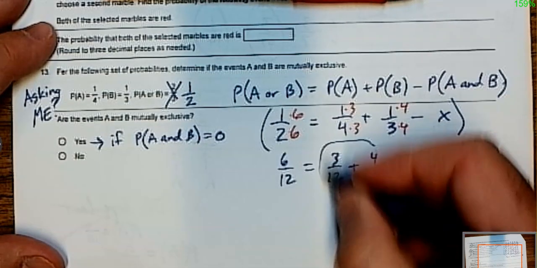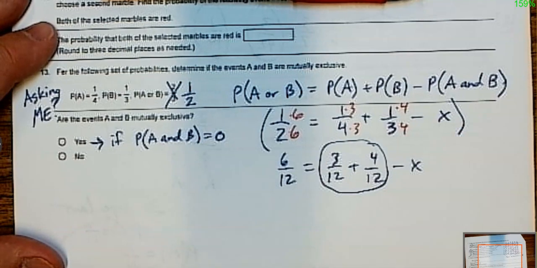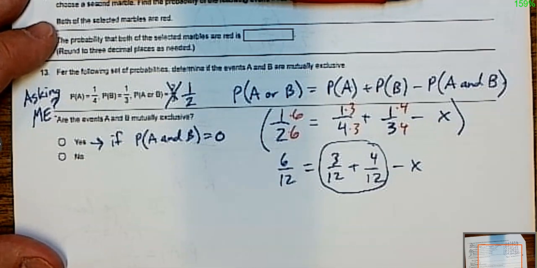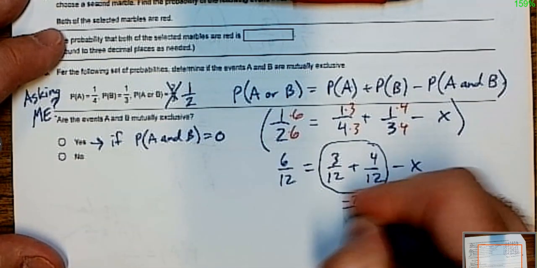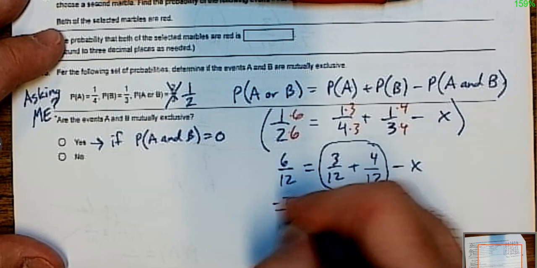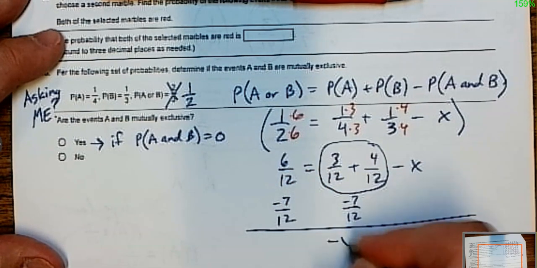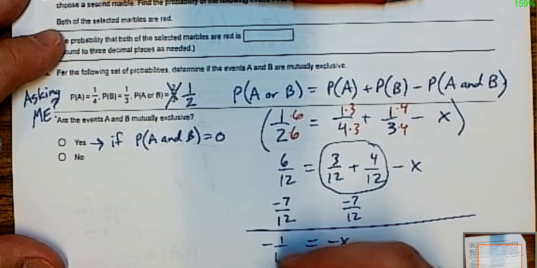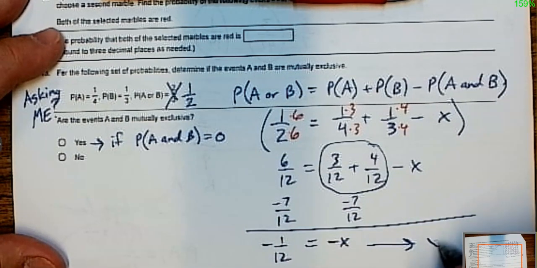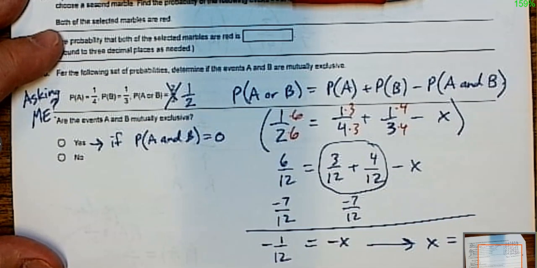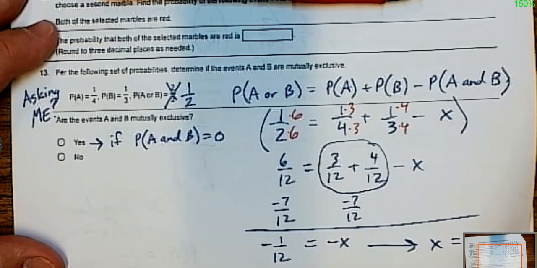Okay, so what are we going to do with this thing? Yes, that is 7/12. We've added them together. We got 7/12. How do I get that to move to the other side? Subtract. Okay. So now I know that negative x equals negative 1/12. What do we know about the probability of A intersect B?